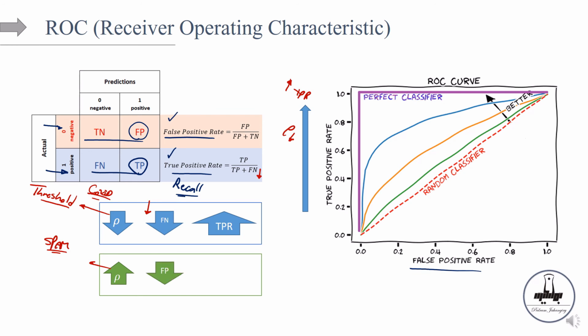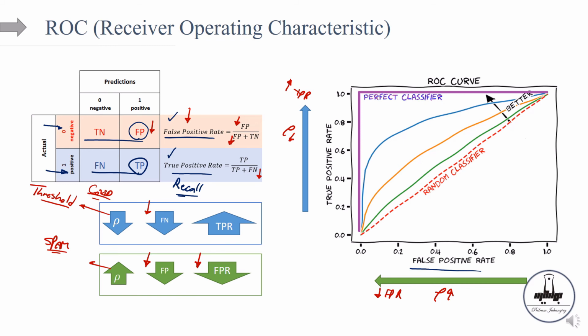We increase the threshold to avoid too many false positives, right? If false positives are reduced, since they show up in both the numerator and denominator, the false positive rate is going to decrease. And this is what we see here: as the threshold increases, the false positive rate decreases this way, right?